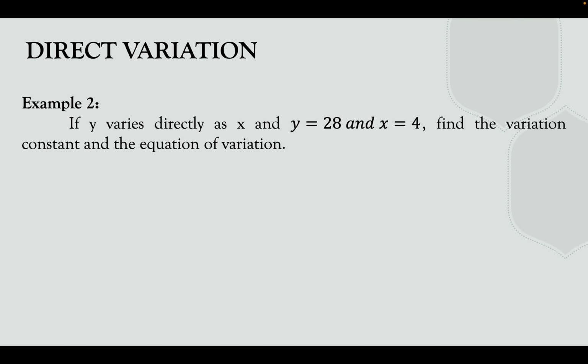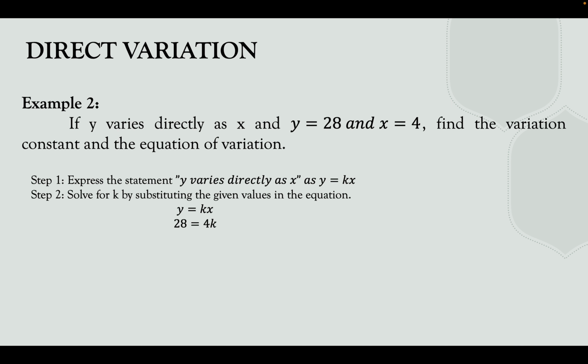Let's have example number 2. If y varies directly as x and y is equal to 28 and x is equal to 4, we need to find the variation constant and equation of variation. Again, step number 1, we need to express the statement y varies directly as x as y equals k times x. Step number 2, we need to substitute the given values in the equation.